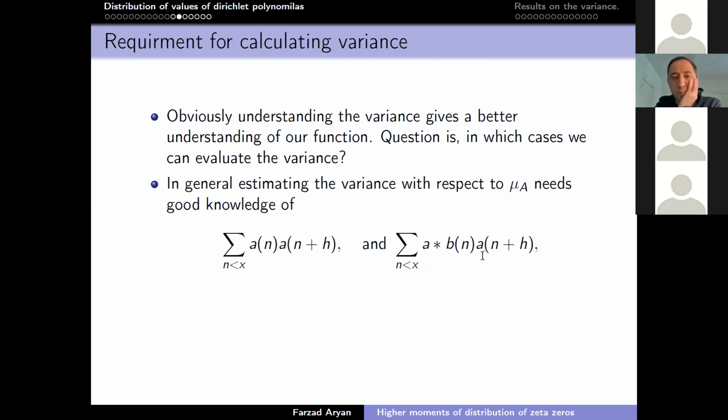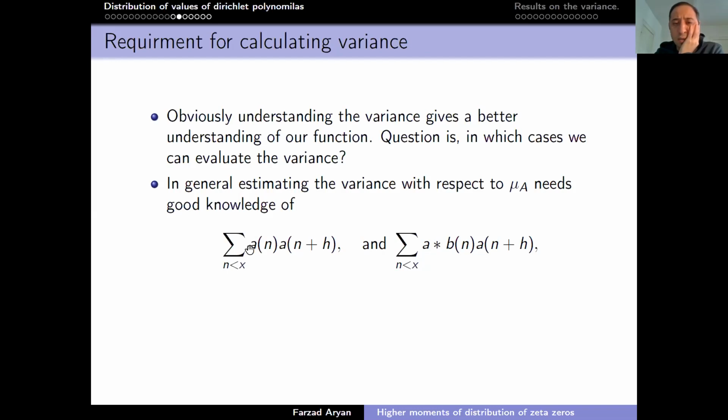Say it's some normal sequence, like A is supported on primes and B is, let's consider, the Liouville function. If you really want to estimate these, they go beyond GRH, the generalized Riemann hypothesis.